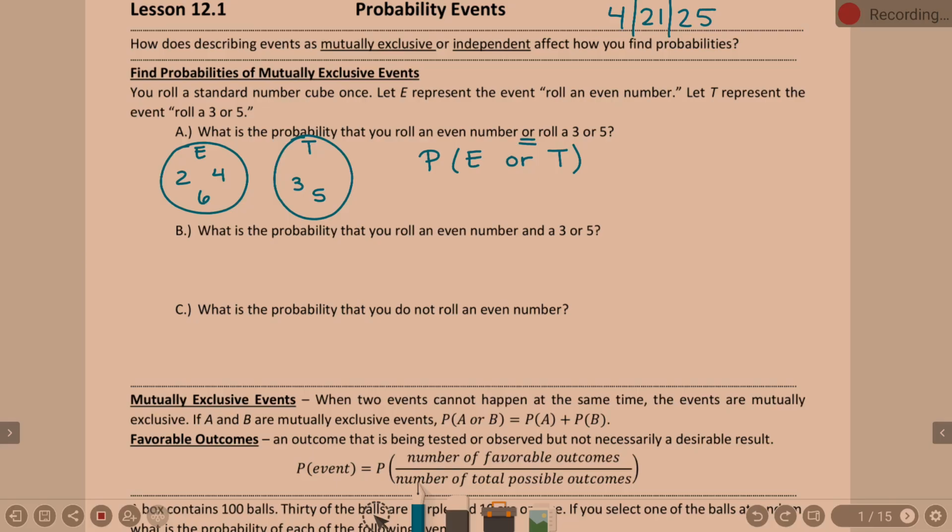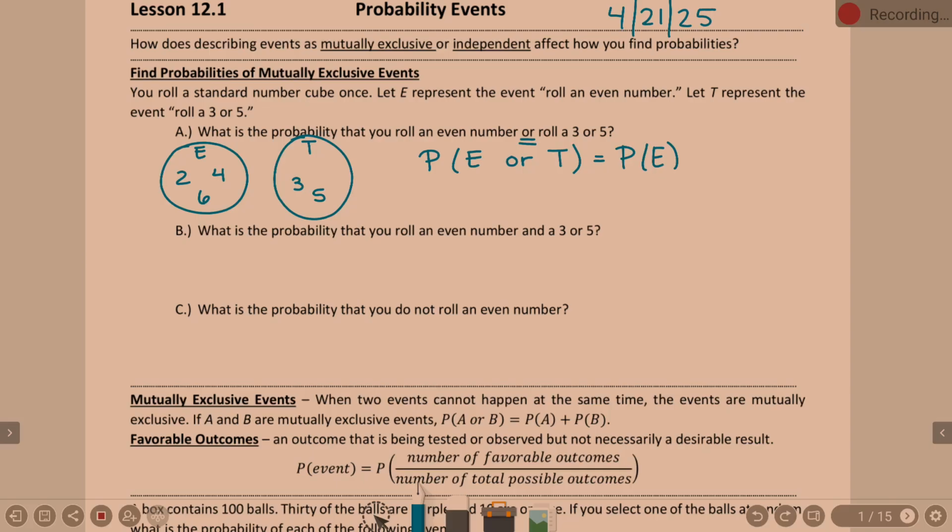Now, we want the probability of E or T, which means we're going to break this into two pieces. What's the probability of E happening? The probability of rolling an even number, 2, 4, 6.